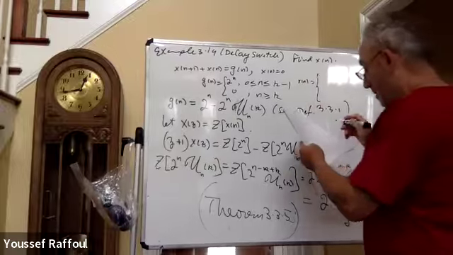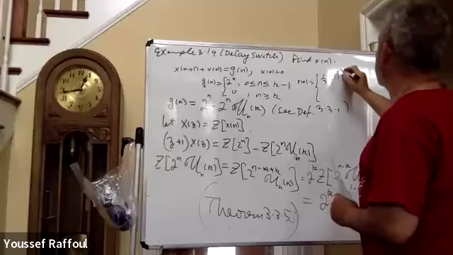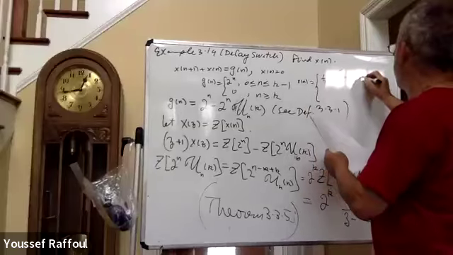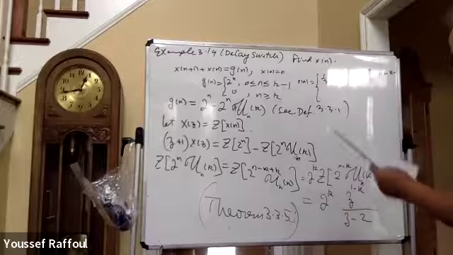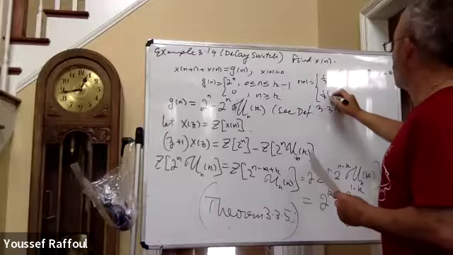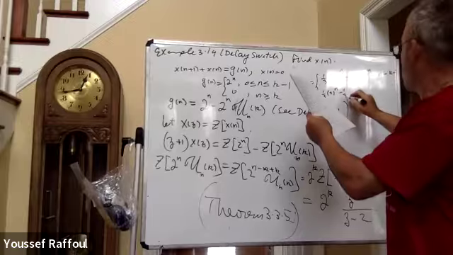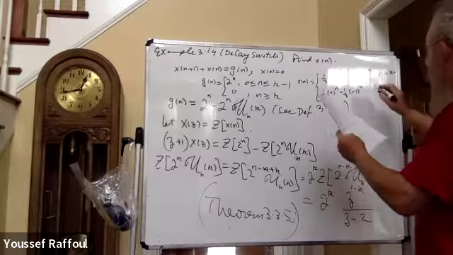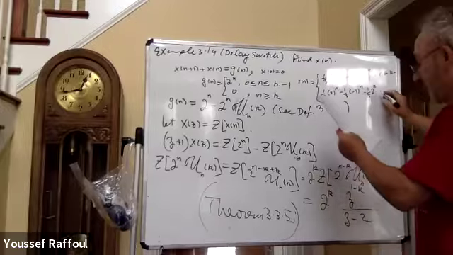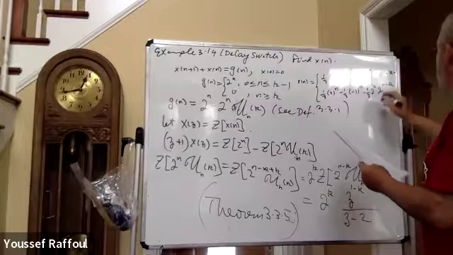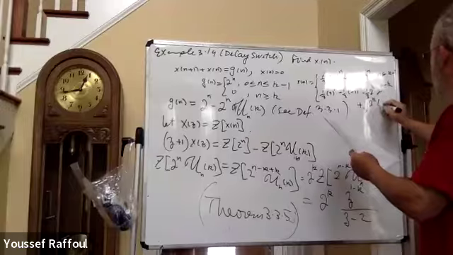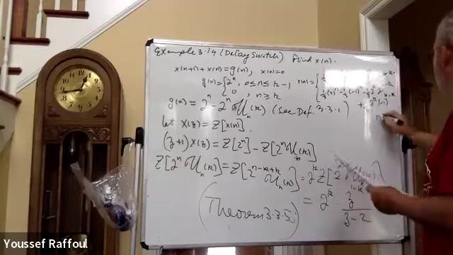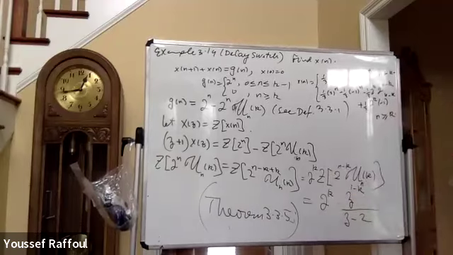It's going to be 1/3 times 2 to the n minus 1/3 times minus 1 to the n for n less or equal to k minus 1, and then 1/3 times 2 to the n minus 1/3 times minus 1 to the n minus 1/3 times 2 to the k times 2 to the n minus k plus 1/3 times 2 to the k times minus 1 to the power n minus k for n bigger or equal to k. Okay? So these are the two solutions we're going to have.